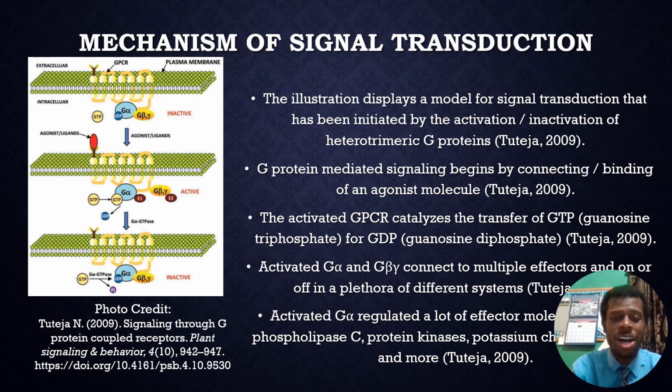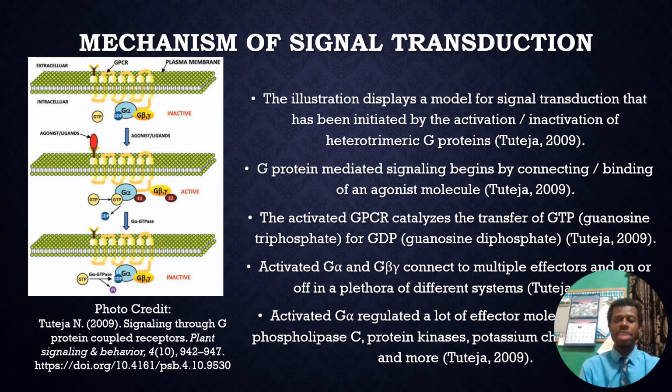Well, we see the figure right here on the screen. So of course we have GPCRs, and the figure displays the regulatory cycle that consists of G proteins. The subunits of the heterotrimeric G proteins associate with one another, and they have states: they can be inactive, and they can also be active.